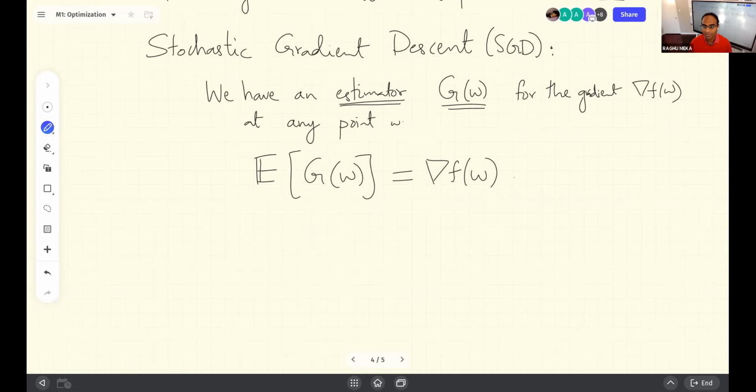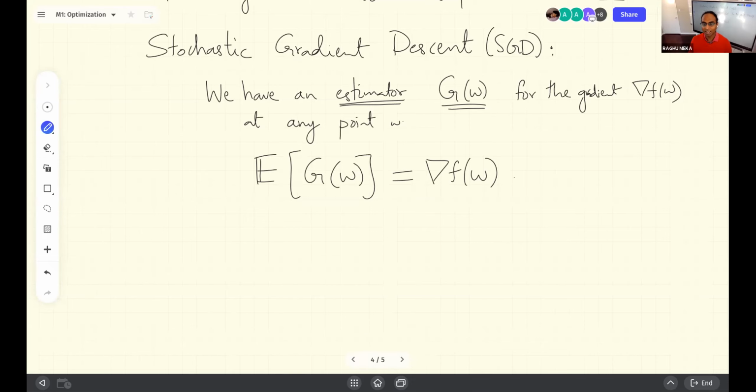Okay, so I'm saying, maybe I don't have access to the gradient exactly because it's taking too much time for me to compute the gradient, but I have some kind of sense of what the gradient should be. So imagine every one of you is like a data point, right? So every one of you contributes something to the gradient.